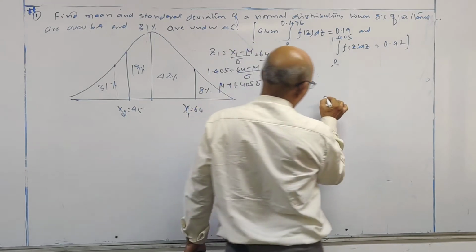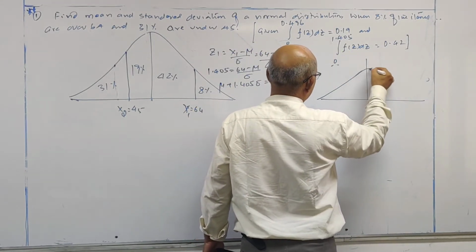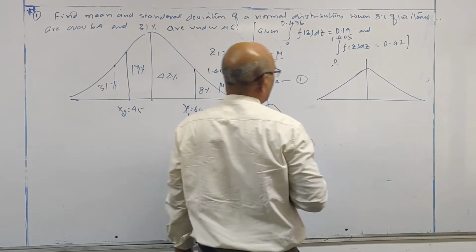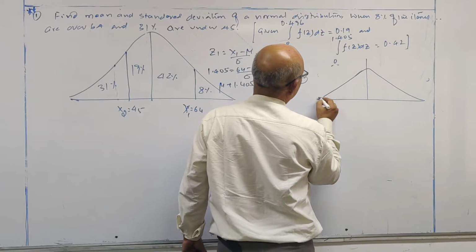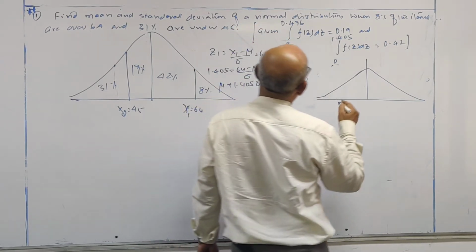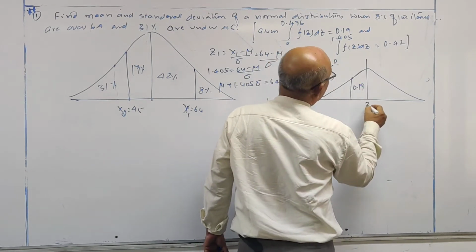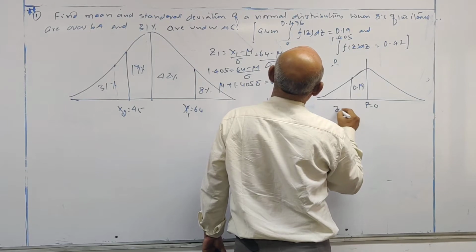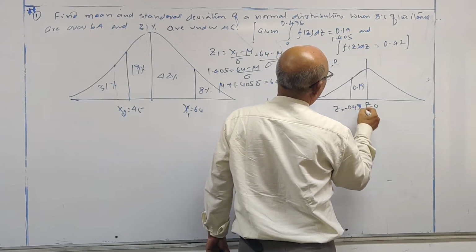Next. One more normal curve, let me take this way. This is 0.19. Z is equal to 0, Z is equal to minus 0.496.